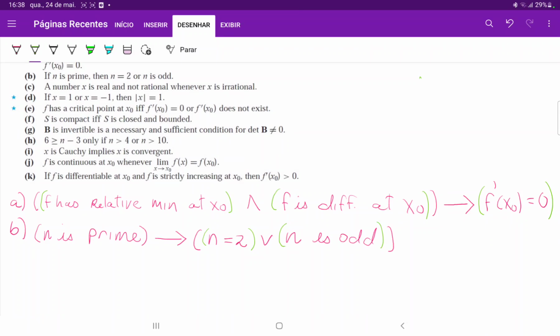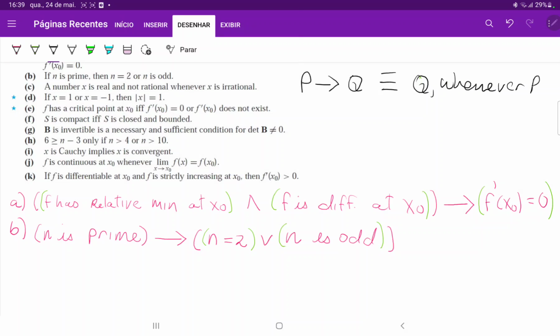Now let's look at item C. So item C, we have a lot of stuff going on, right? We have a number is real and not rational whenever x is irrational. Now the whenever part, it's important. Let's just remember that if we have P implies Q, this is equivalent to saying Q whenever P, right?